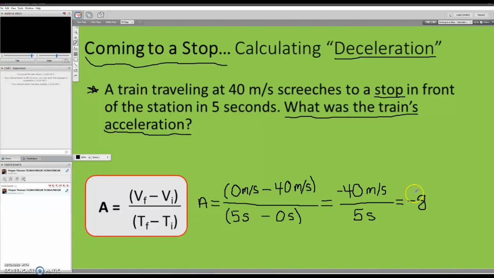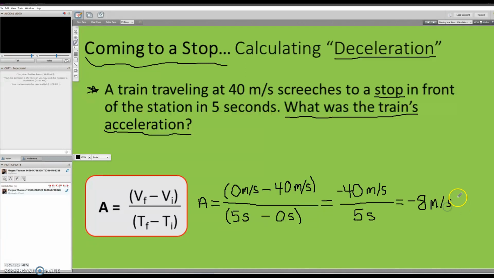And again, as a scientist, please use your tools that you have available. If you want to use a calculator to be more accurate, go ahead and do so. I encourage it. And you will use a calculator and be able to see that negative 40 divided by 5 is indeed negative 8. And we also need to include our units, negative 8 meters per second per second.